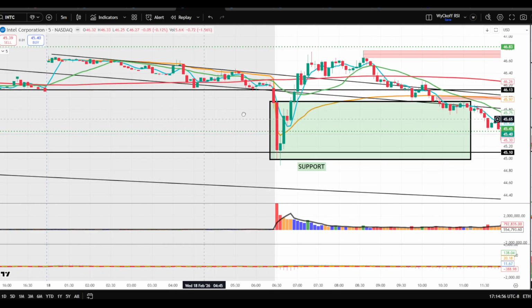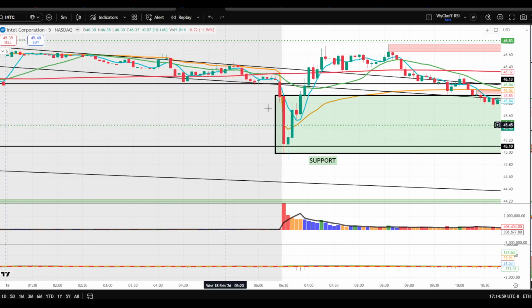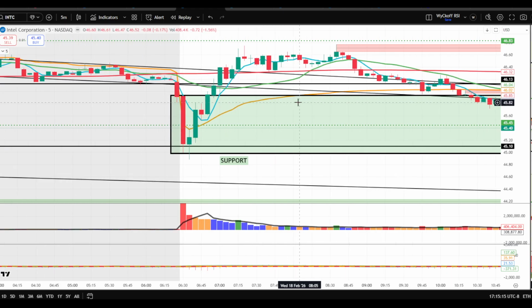And that's why I took this first trade here at this level. And actually, when I saw it aggressively bounce, I was able to enter and take this scalp trade up.